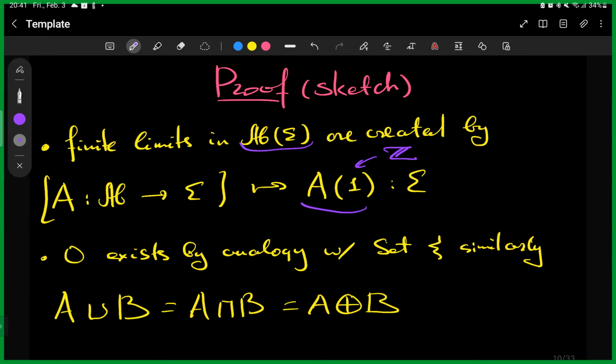Also, we can prove analogously to the case of sets that the initial and terminal object coincide, so they exist by axioms of the topos, and they coincide in ways similar to the case of sets. Also, similarly, we can prove that binary products and full products coincide, and we can denote them by direct sums.